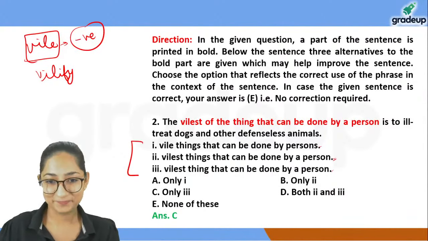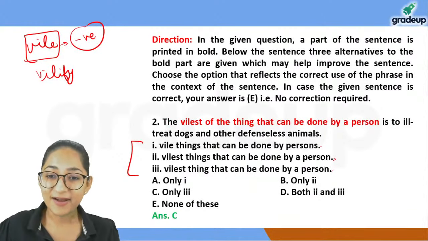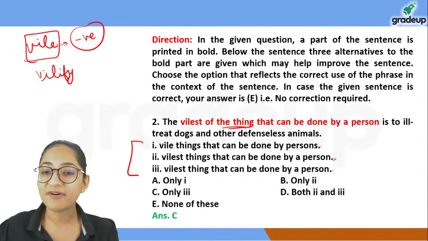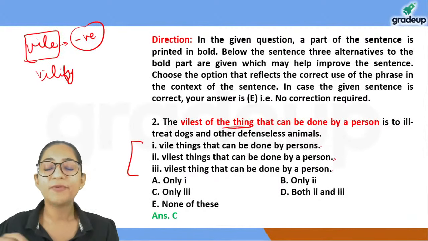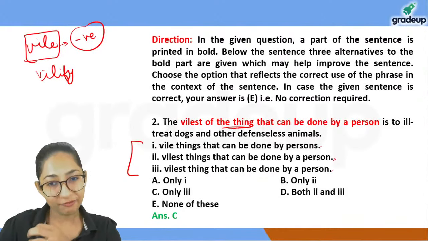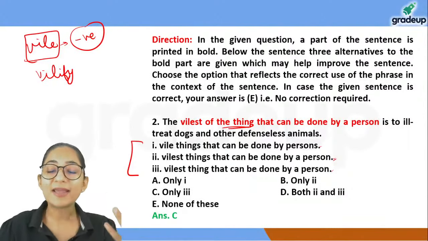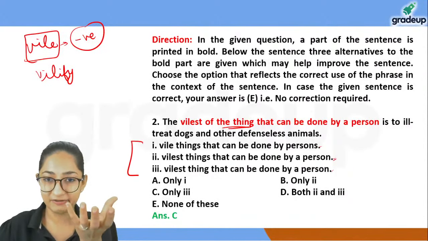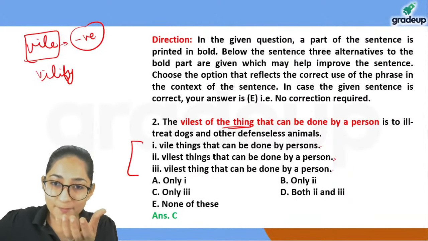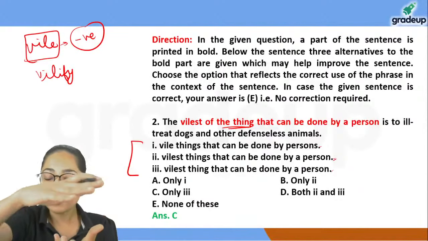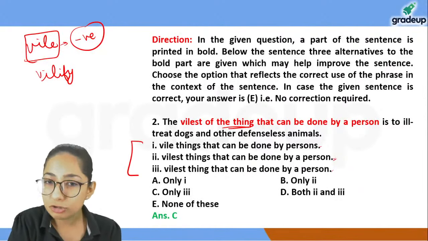Let's check why. Now notice, the vilest of the things. Remember, we talk about one out of many, like one of my friends. Similarly, the vilest is a superlative, so it is a superlative in comparison to others. Other people or other entities are also going to be there.